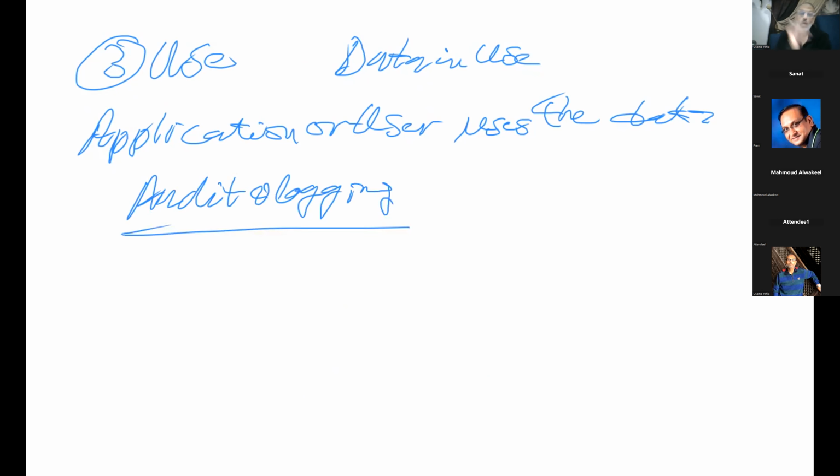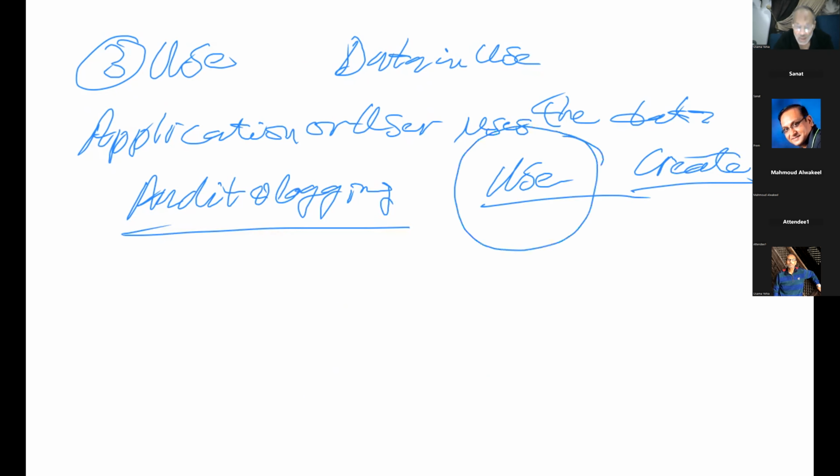Okay? There is one point, gentlemen, which usually confuses the trainees between the use and create phases. And this is very important to understand, the difference between both of them. In use, the data is in read-only mode.